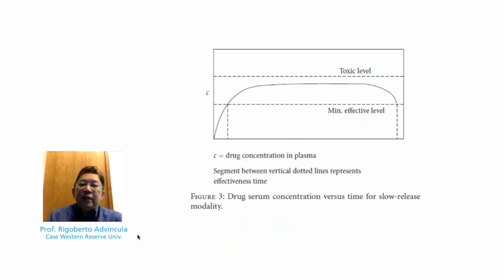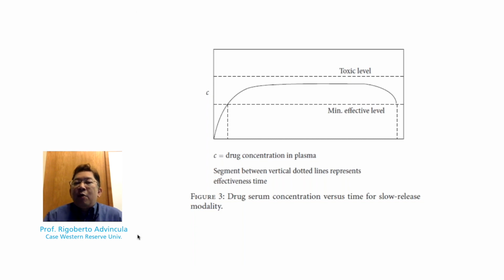As you can see here, drug serum concentration versus time for slow release, the ideal case is that you're able to maintain the release of a drug over a long period of time. That is, you don't have to take the drug every 4 to 6 hours, but then you can take just one tablet that's good enough for release, let's say for 24 hours.